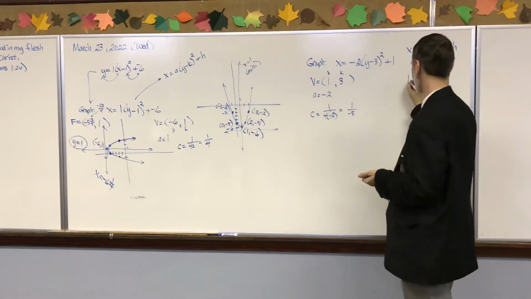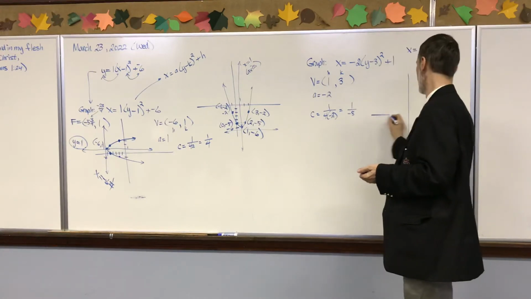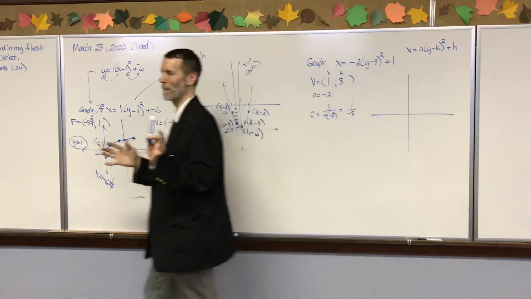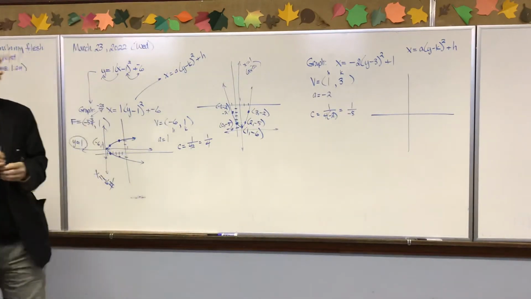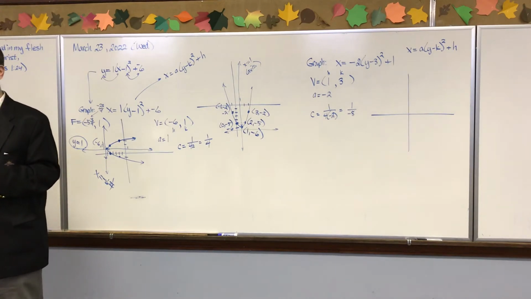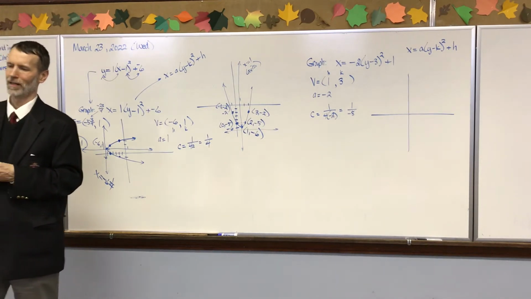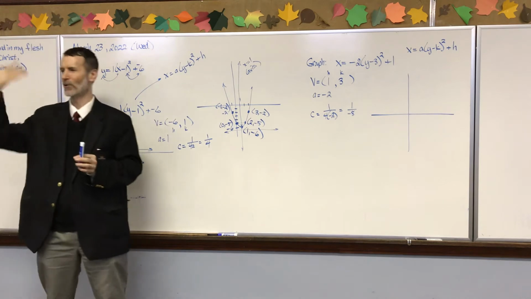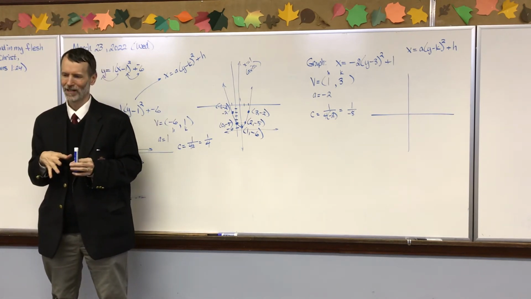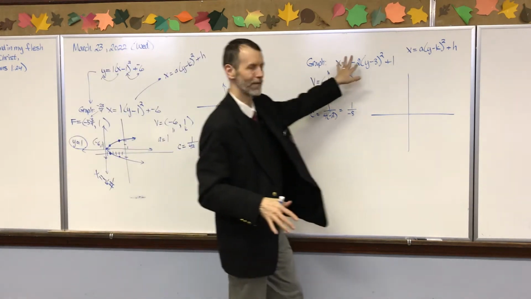Let's graph this thing. Hang on to your hats. I'm about to show you a little bit of a shortcut. Which way is this parabola opening? Normally the answer to that question would be either up or down, but in this case it's either left or right, because it's an inverse parabola.